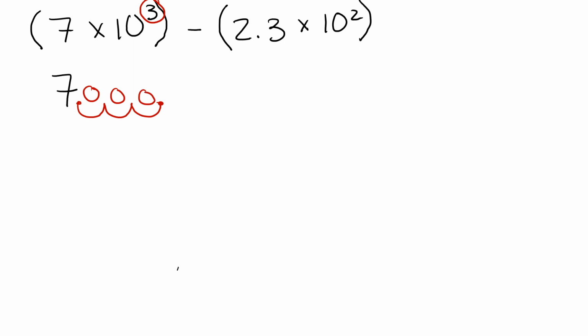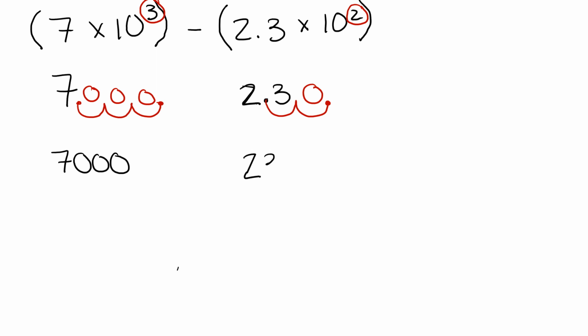Filling those blank spots with zeros, and then writing our answer nice and neat. 7,000. We're going to do the same thing to the other number, 2.3. We're going to move this decimal 2 times, so 1, 2, filling that blank spot with a 0, and writing the answer nice and neat, 230.